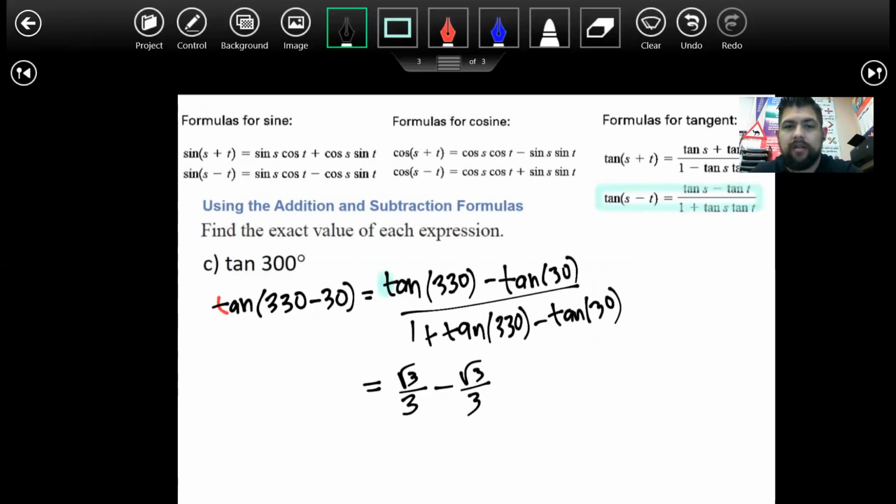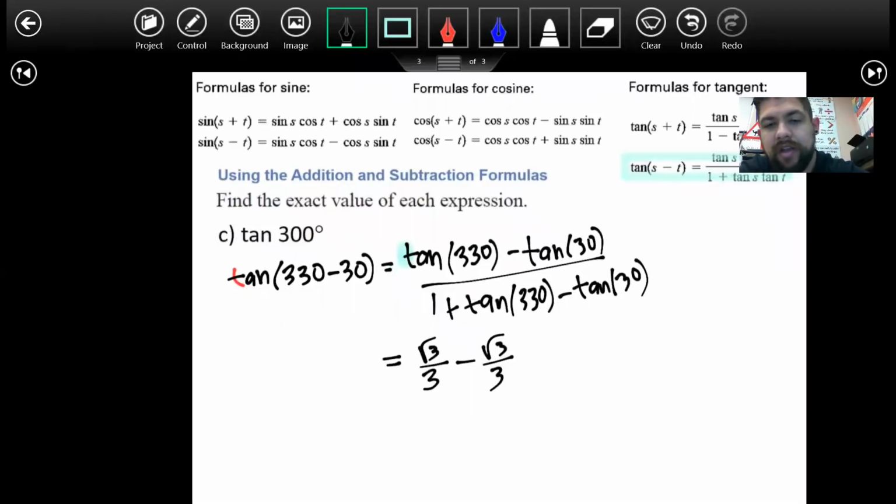Why is this not working? Tangent of 330. I don't like this one. Let's just see what happens. I know this is not the right way, and I hate teaching you guys the wrong way.